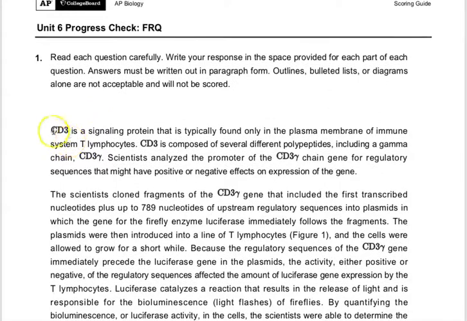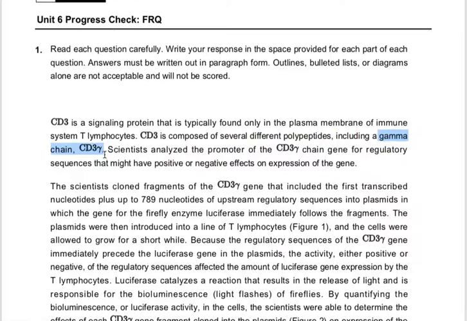So it says CD3 is a signaling protein that is typically found only in the plasma membrane of immune system T lymphocytes. CD3 is composed of several different polypeptides, including a gamma chain, CD3, and a sign I'm thinking is lambda. I'm not 100% sure what that sign stands for, but it doesn't really matter. Scientists analyze the promoter of this CD3 chain for regulatory sequences that might have positive or negative effects on expression of genes.